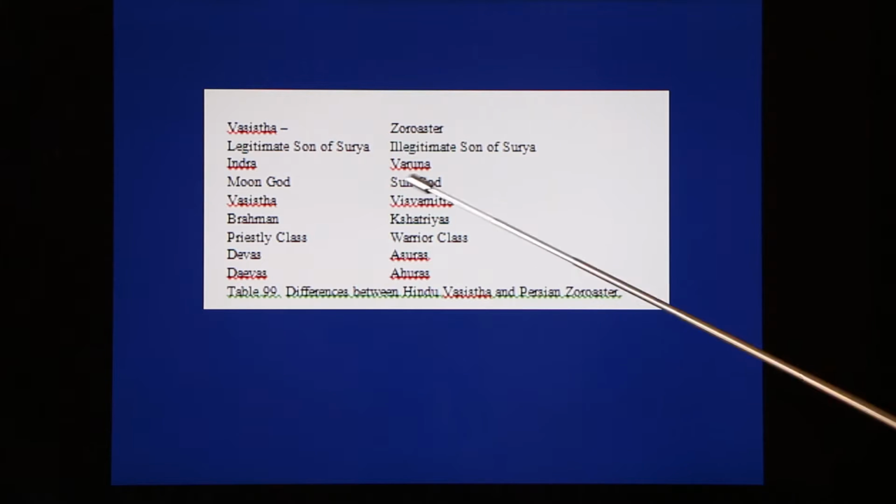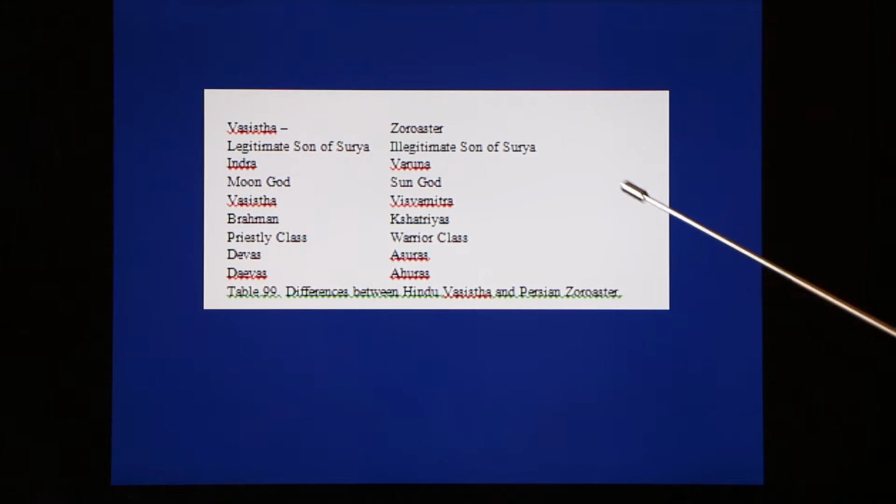And curiously enough, at the religious level, we get a similar tension between Vashishta and Zoroaster, who are the legitimate son of Surya and the illegitimate son of Surya.